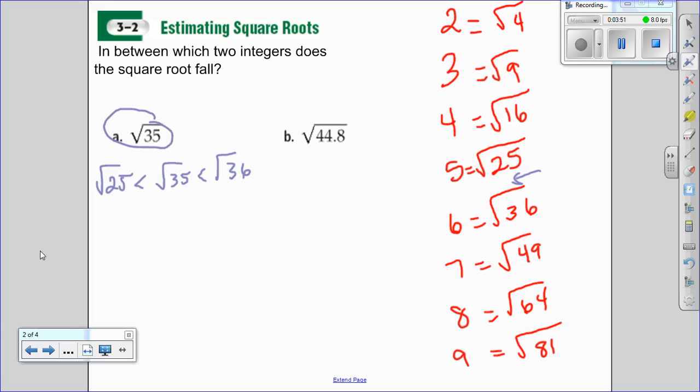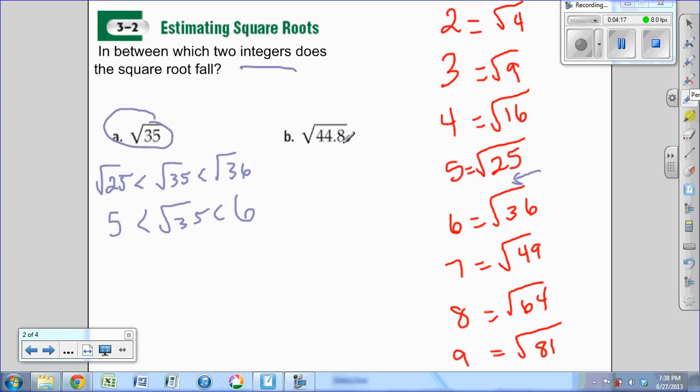But it didn't ask which square roots it was between. It said what two integers it comes between. Well, that means I just need to know what integer is equivalent to the square root of 25, and that, of course, is 5. The square root of 36 is 6. So the square root of 35 is between 5 and 6.